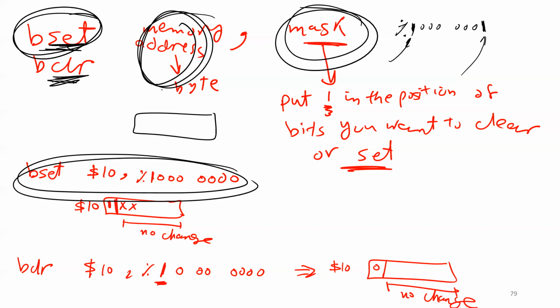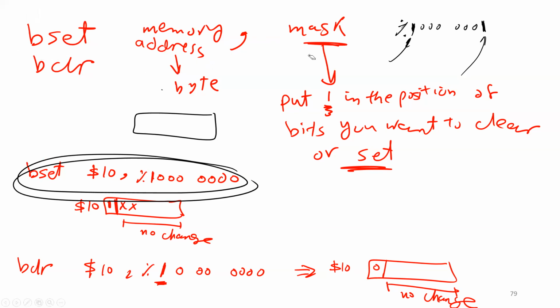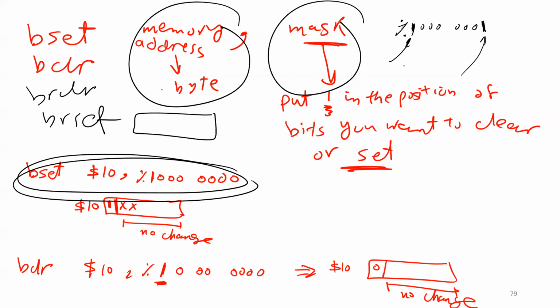Very easy. And this one is exactly similar to, you know what is the difference between branch if set and branch if clear? Similar. So this one, branch if clear or branch if set, I have to do this part, but I have to add one more for the label because you want to jump. So these two instructions are confusing to students because they are close to each other, but they are completely different.